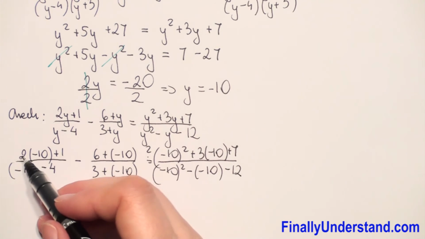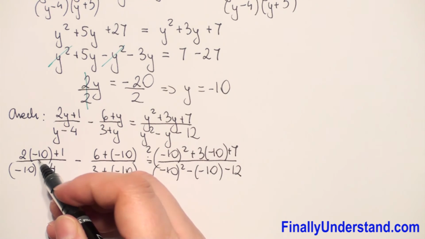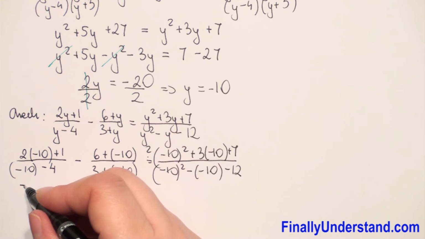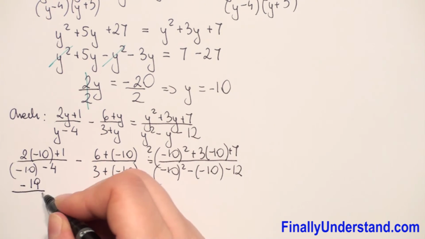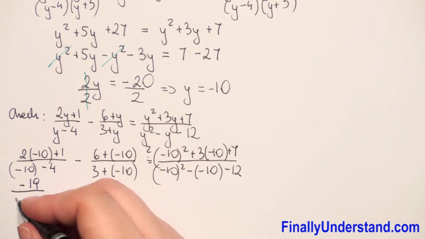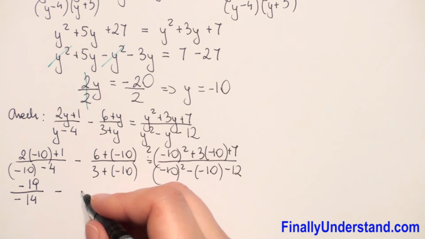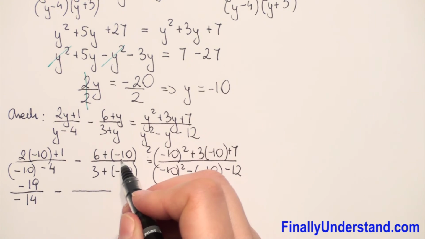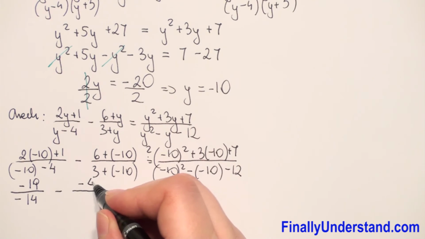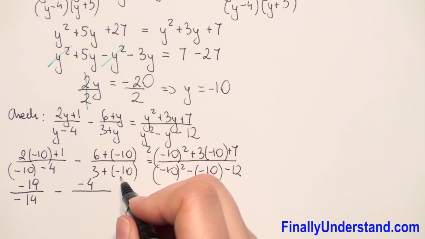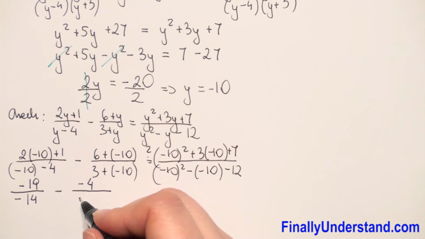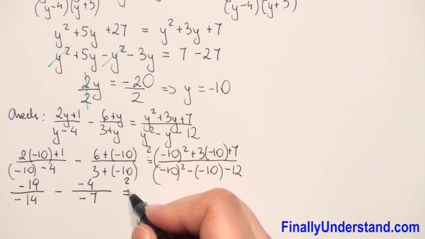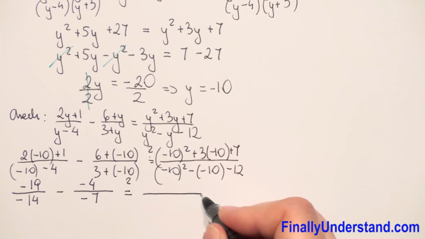So now let's check. 2 times negative 10 is negative 20, plus 1 is negative 19 in the numerator. In the denominator we have negative 14 minus, and now we have 6 plus and minus, so it will be minus 10, so this is negative 4. 3 minus 10 is minus 7. So this is equal, we have to check.